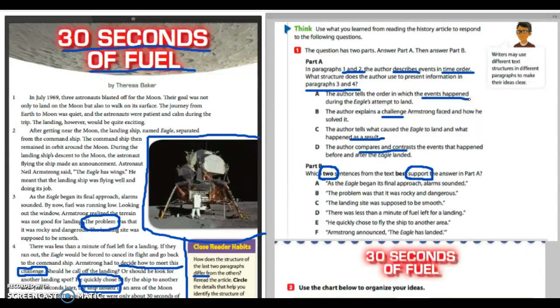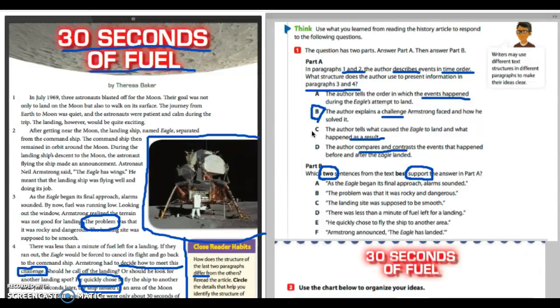Lastly, we have compare and contrast, and we learned that clue word last week when we were doing a comparison model. So the answer choice here would be B, because that clue word, challenge, also matches our word challenge in paragraph 4. So in paragraph 4 and in answer choice B, they have matching clue words and matching text structures.